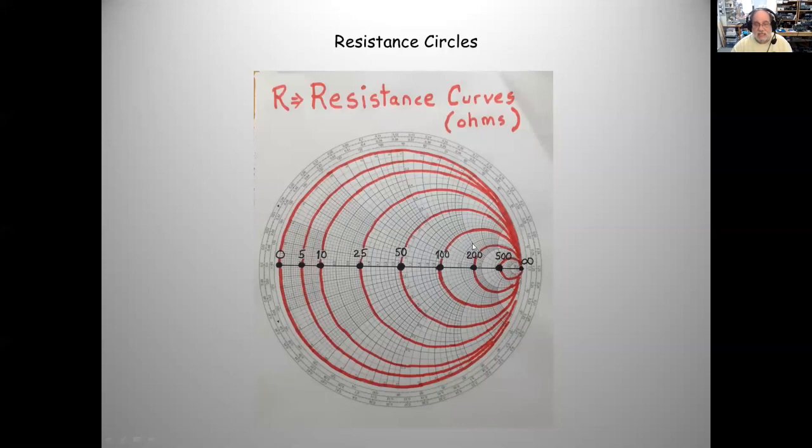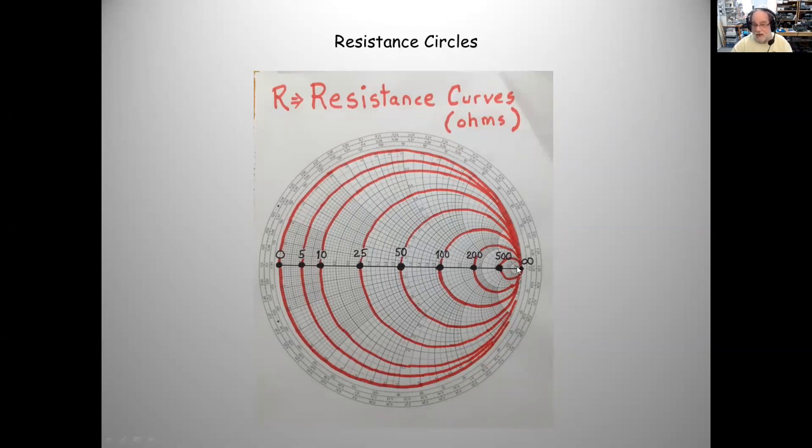So the resistance I can say is 50 ohms in the center, and anywhere along this circle would also be 50 ohms, but it would also then be some reactance value. If it's 50 and no reactance, it plots right here. If it's got inductive reactance, it's 50 plus something over here. So these are called circles of constant resistance. 0 ohms, well, that's the outside of the chart. 50 ohms, bullseye.